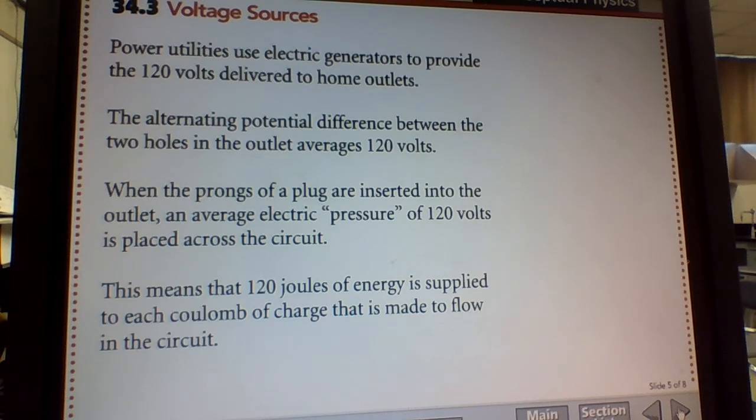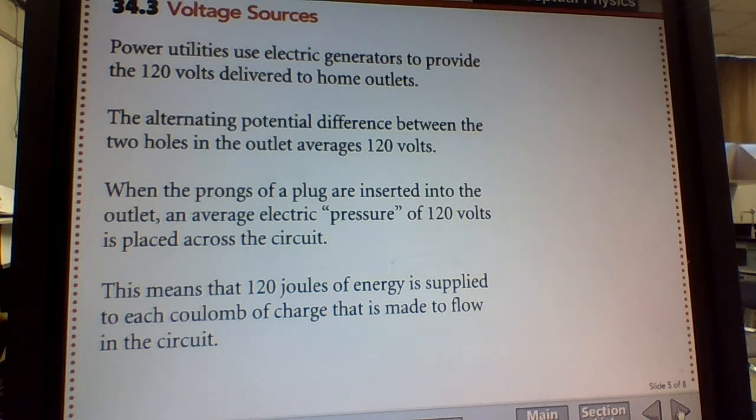Now, power utilities, PG&E, Reading Electric Utility, what they do is they use generators somewhere near your home to provide a constant 120 volts to your home outlet. And then what you have is this potential difference between the two holes in the outlet that averages 120 volts.